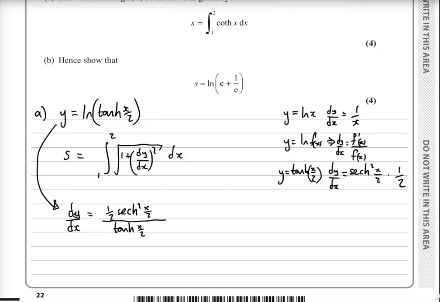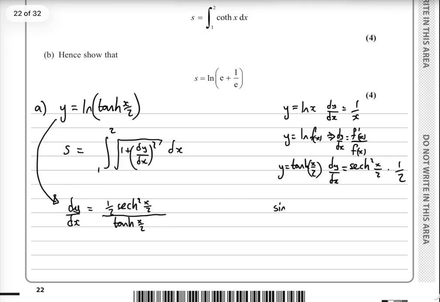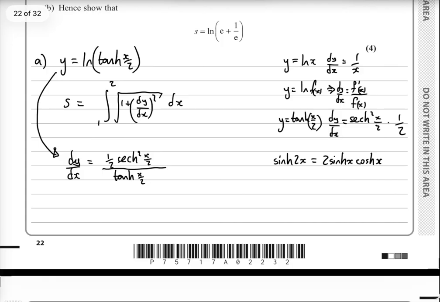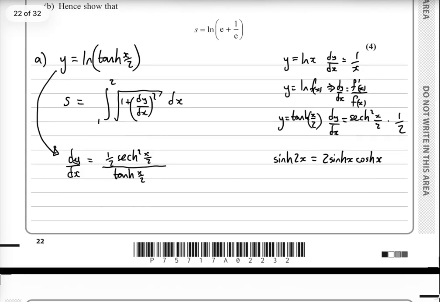And the easiest way, once you realize that, is with sinh 2x, which is 2 sinh x cosh x. We can get sinh and cosh out of this because that's what tangent is, and sec is 1 over cosh, so I'm going to put all of these in terms of sinh and cosh.